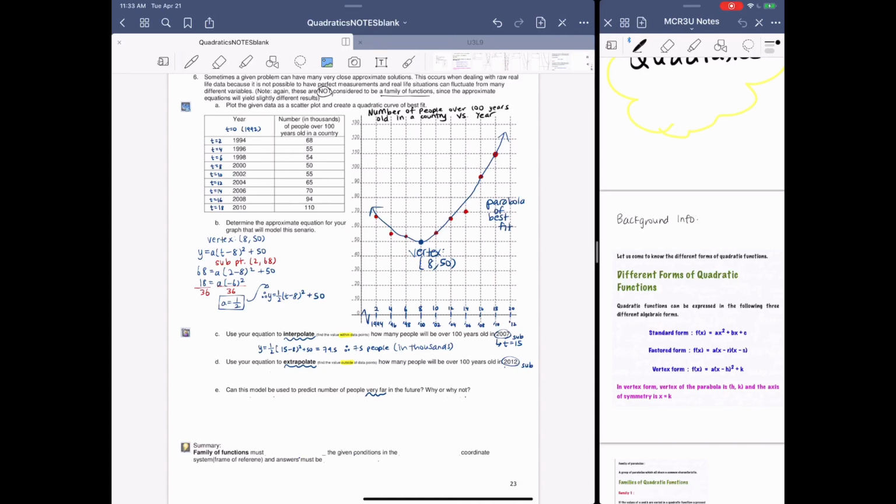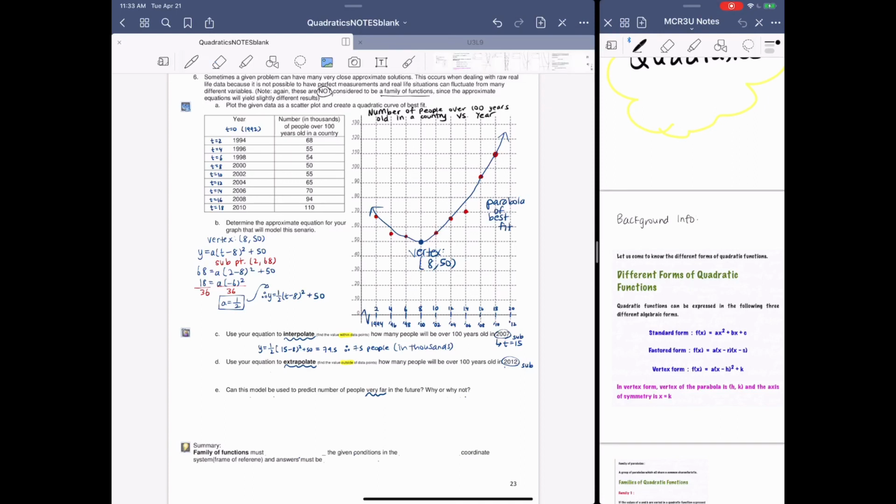Again, 2012, well, that's extrapolating. Extrapolate just means, okay, let's go outside of my data. Now I don't even have the data for the outside part, but I have to use extrapolation, meaning I'm going to assume my parabola of best fit is consistent even if I extend my parabola, and then sub that in and get my value.